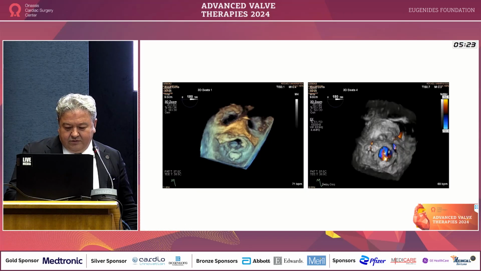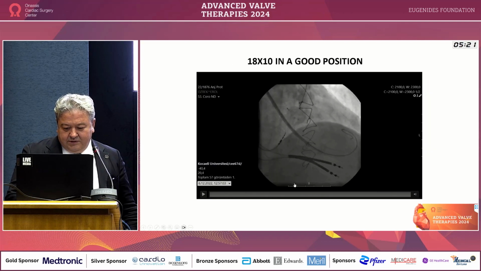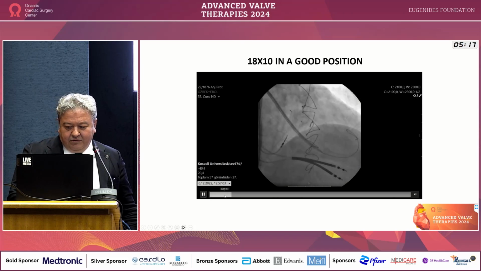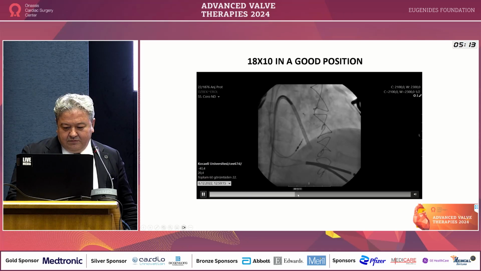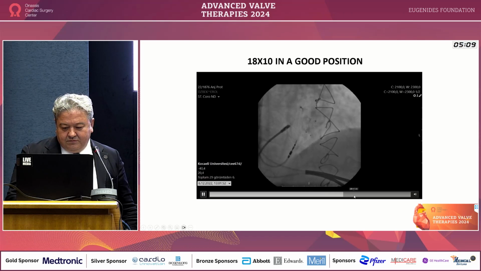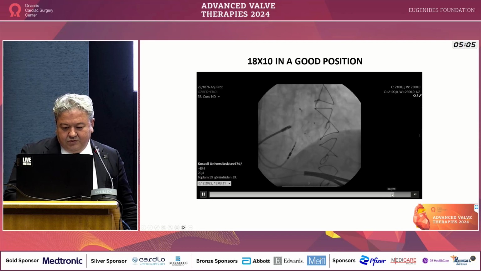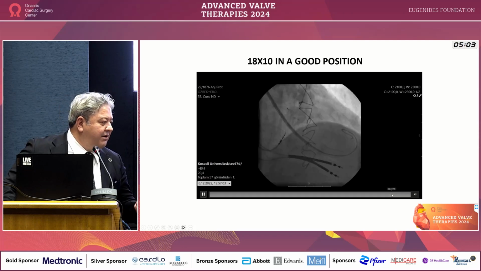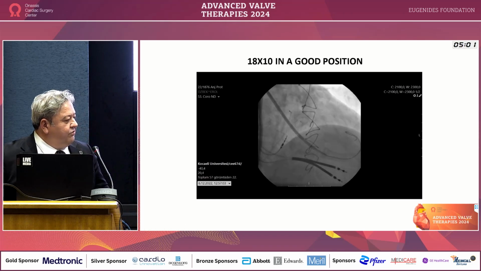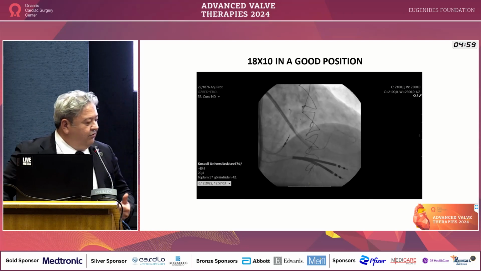Now the 18 millimeter device is in a very good position. So these are the largest paravalvular leak devices of the Occlutech rectangular W family.